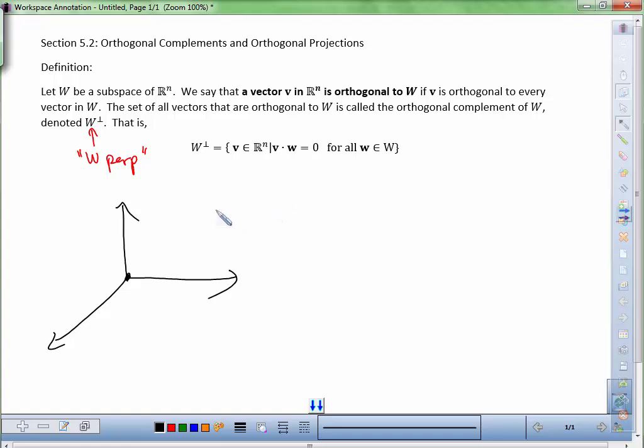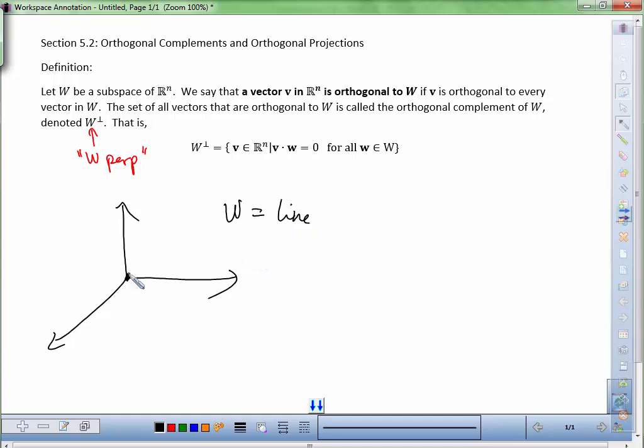So let's go through all those. Well, let's go through the proper subspaces first. The proper non-degenerate subspace. Suppose we have a line as a subspace. W equals a line, whatever the line is.